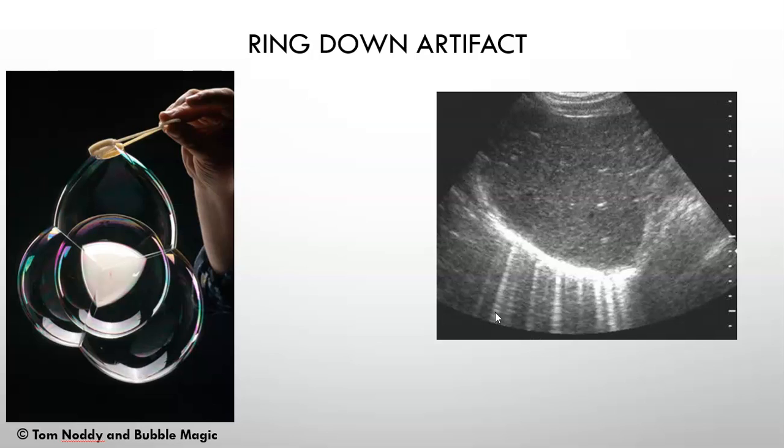There are little gas bubbles trapped along the edge of the diaphragm here, and these are causing ring down artifacts. These are also known as B-lines, and those will become important when we start talking about how ultrasound can diagnose lung diseases such as COVID. So that's a ring down artifact that has occurred due to gas trapped in a tetrahedral structure, such as what you see in this image on the left.